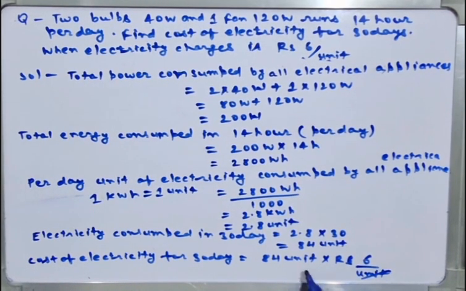So the unit cancels out, and this will come Rs 504. Okay, so guys, you see, the cost of electricity for 1 month is coming Rs 504.